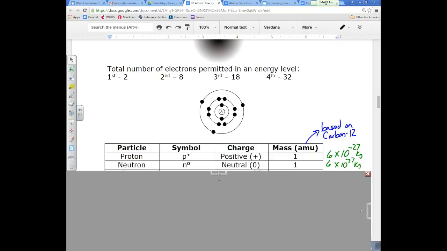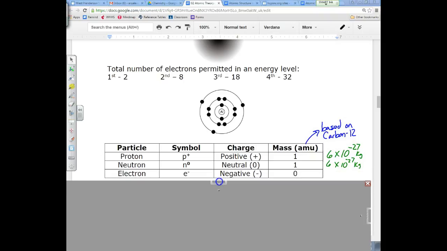All right, now we have our last subatomic particle that we're going to talk about, and that is the electron. The electron is symbolized by a lowercase e with a negative sign. That is because electrons are negative. Make sure that you know that. Now, the mass of an electron ends up being really, really tiny, especially compared to the mass of a proton or a neutron.